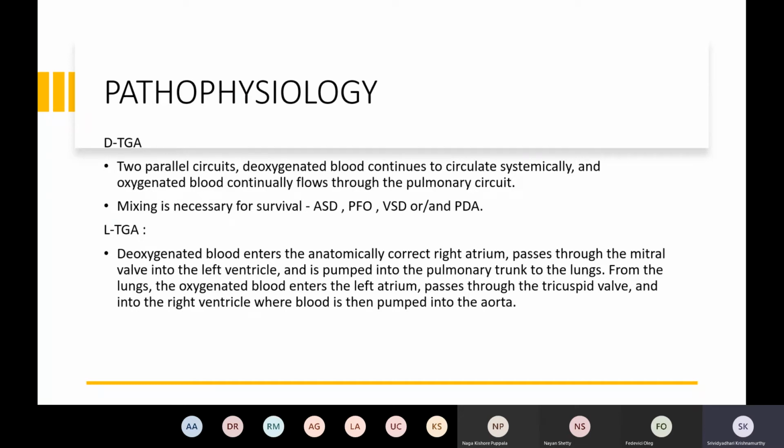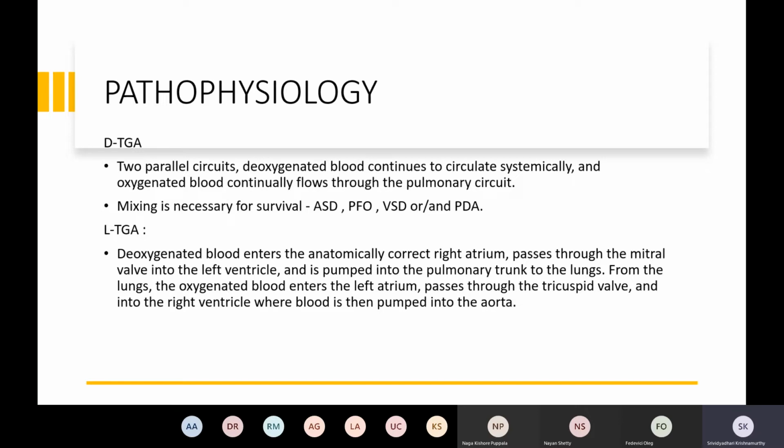So the deoxygenated blood is received by the right atrium via the IVC and SVC, and then moves through the tricuspid valve into the right ventricle and then into the aorta. So the systemic circulation is deoxygenated.